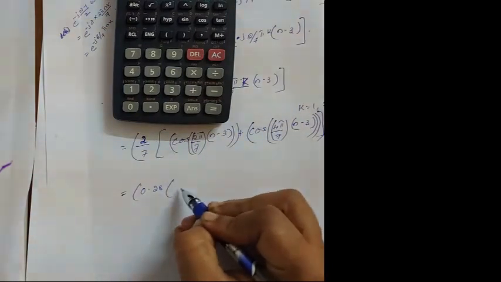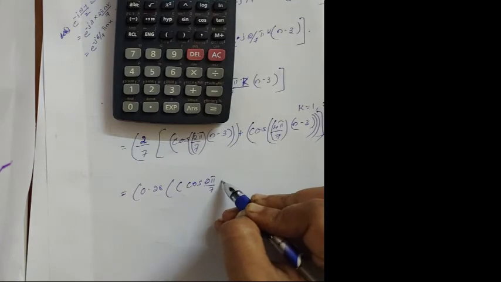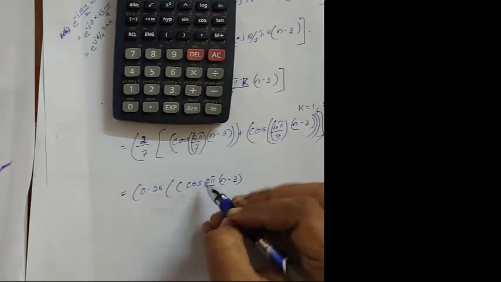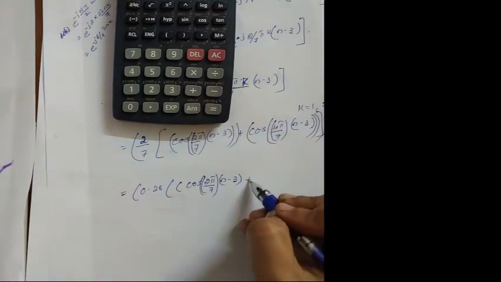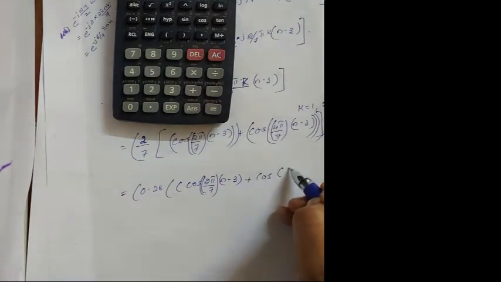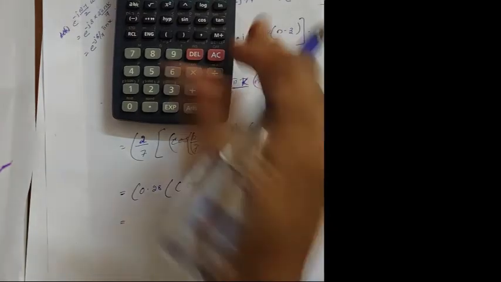You can reduce the value: bracket cos 2 pi by 7 (n minus 3) plus cos double bracket 4 pi by 7 (n minus 3). 1 2 3 4 5. Okay.